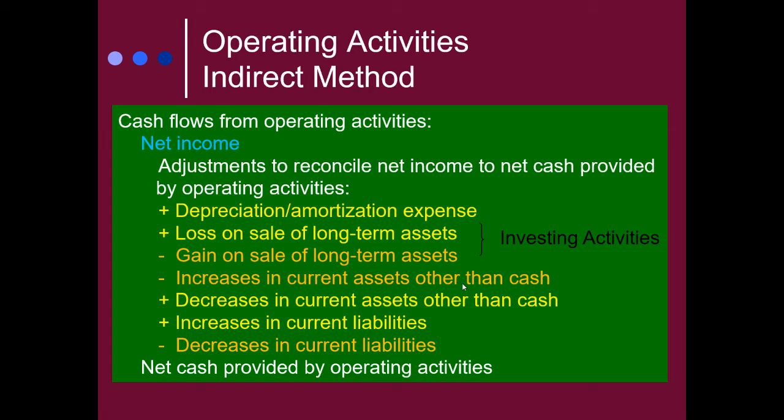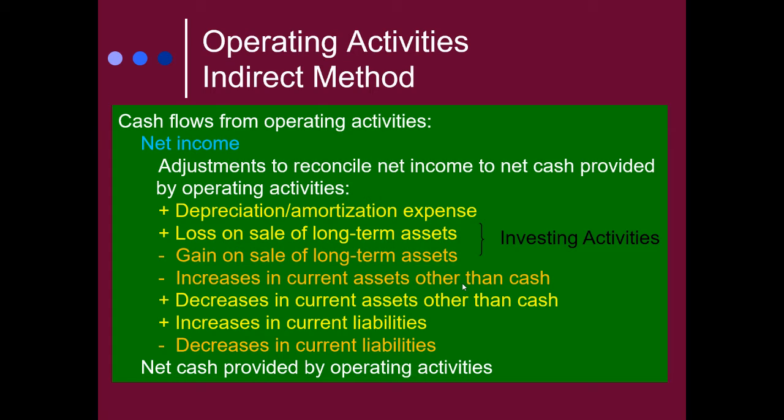So you will have to look at the movement, whether the movement from the prior year to the current year increases or decreases the individual accounts. For the operating activities, we will only look into the current assets and the current liabilities.